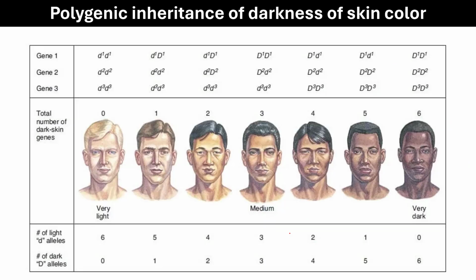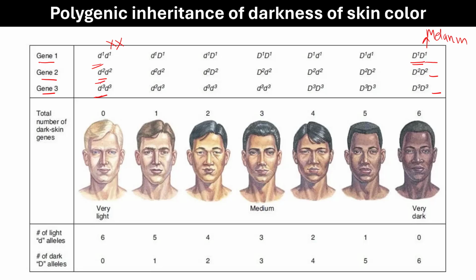Let's look at this chart. This chart is telling you that dominant, indicated by capital D, will produce melanin, and recessive does not produce melanin. But further, this character is controlled by 3 different genes. So the dominant form of these 3 different genes will produce melanin, and the recessive form of these 3 different genes will not produce melanin.